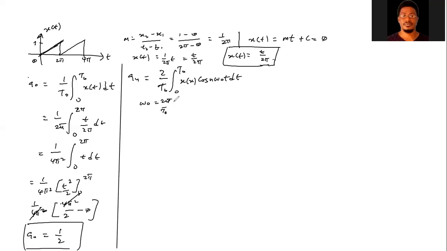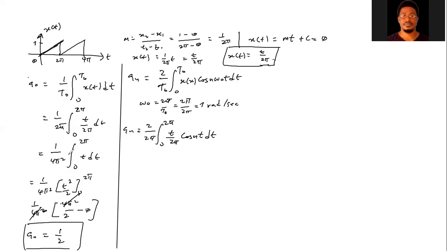And we know T naught is 2 pi, so omega naught will be 2 pi over 2 pi, which is the same as 1 rad per second. So it means that a n is the same as 2 over 2 pi, 0 to 2 pi, s of t, that's t over 2 pi, then cos n, omega naught is 1, so nt dt. Okay?